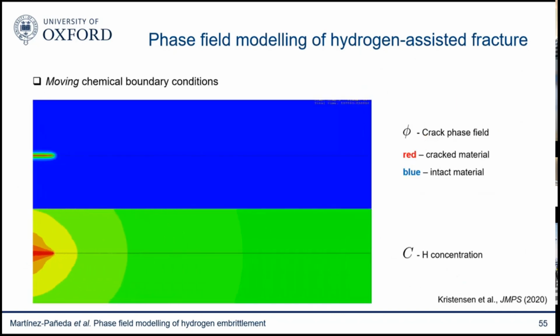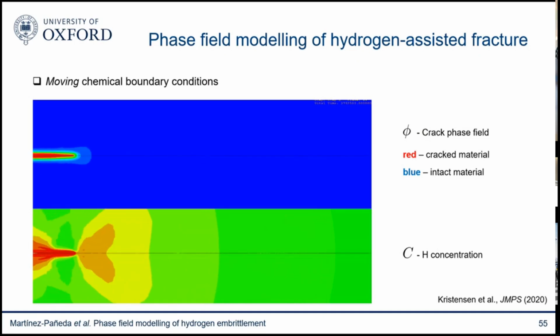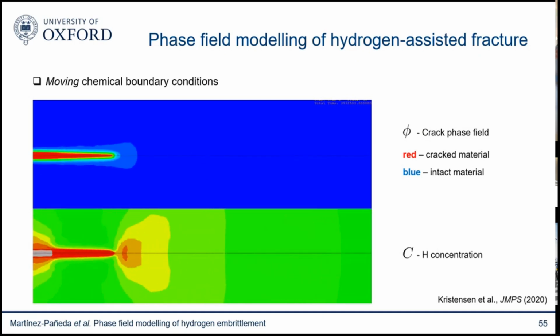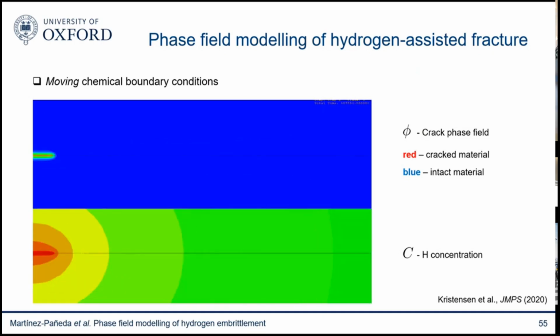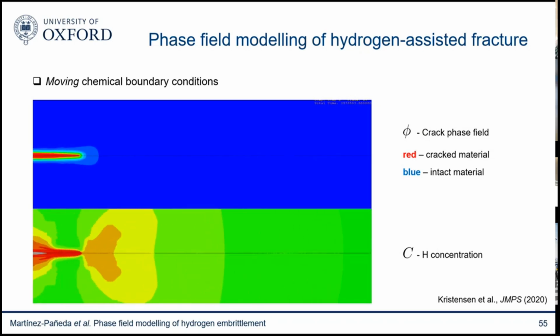Okay, so one last thing before I show results. Another thing that you need to take into account is that, of course, as your crack propagates, if you are exposing your component to a hydrogen-containing environment, you need to be able to capture the fact that your hydrogen-containing environment is going to quickly follow your crack, right? So if you have a pipeline exposed to hydrogen gas, the moment the inside crack grows, the hydrogen gas is going to be in contact with this newly created crack surface.